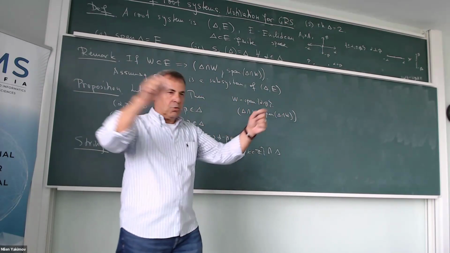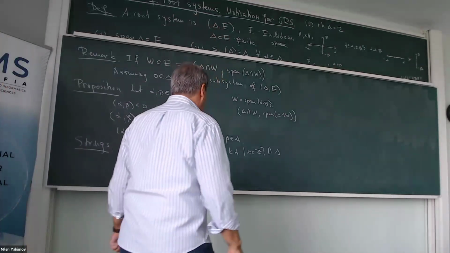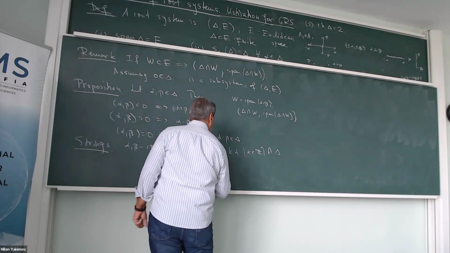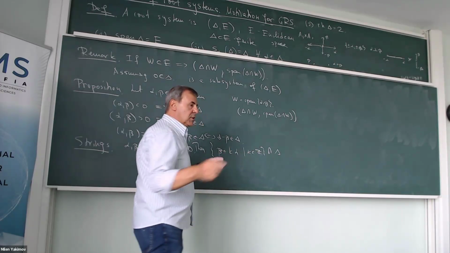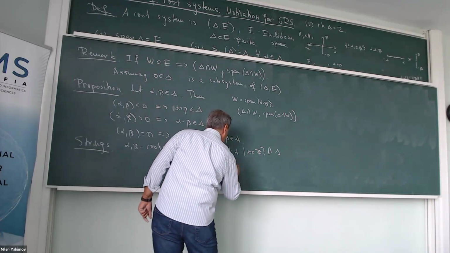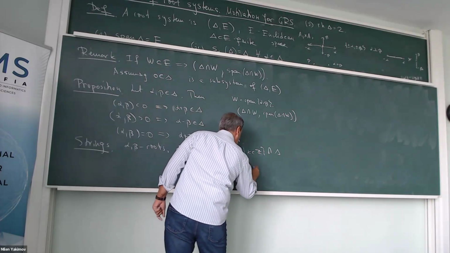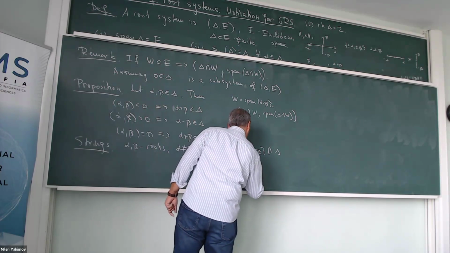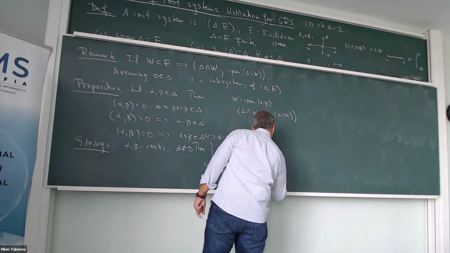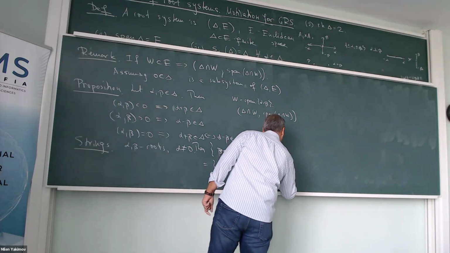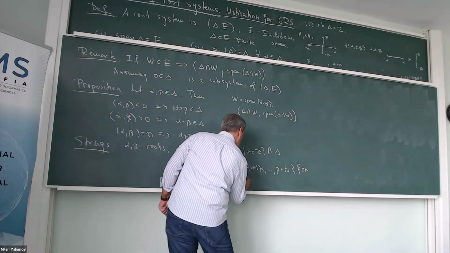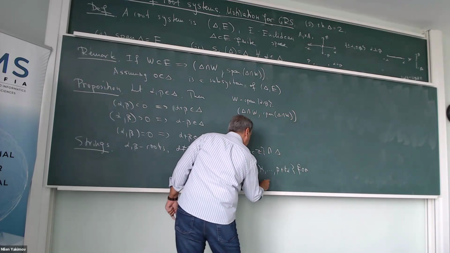So I'm asking which elements in this string are roots. And the claim is that this is actually an uninterrupted string. It starts at beta minus s alpha, then beta minus (s minus 1) alpha, and keeps going up to beta plus t alpha, for some s and t.